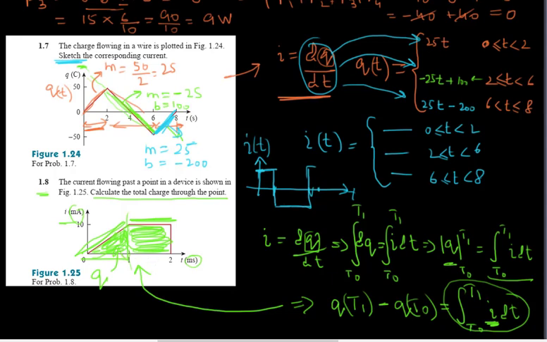You would not need to integrate, you just need to use your geometrical formula to find the area under the curve. That is also possible. So you can see that this triangle is going to be solved as half of the base times the altitude.